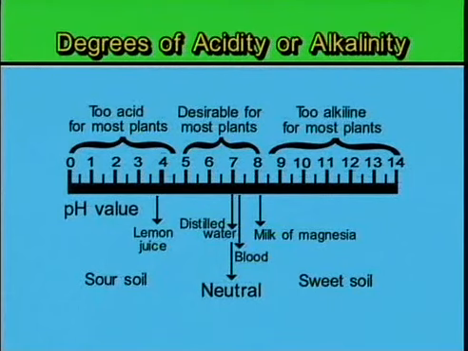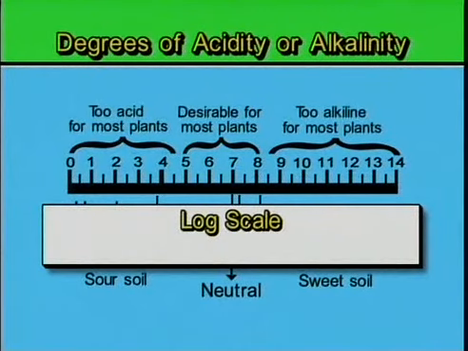The other thing that we need to understand about this pH scale is that it is a log scale. What that means is that each time we move from one unit to the next on the scale, we are not changing the concentration of hydrogen ions by a factor of 1, but we are changing them by a factor of 10.